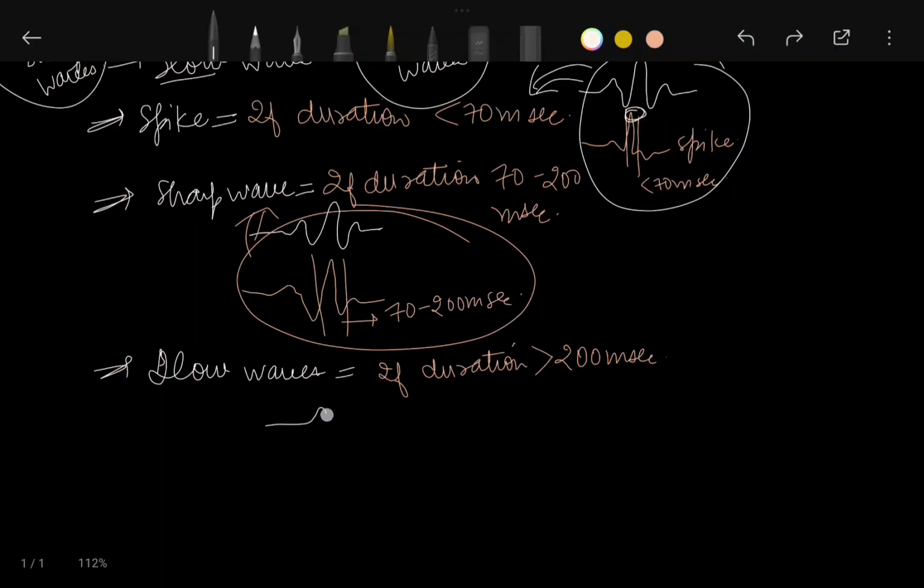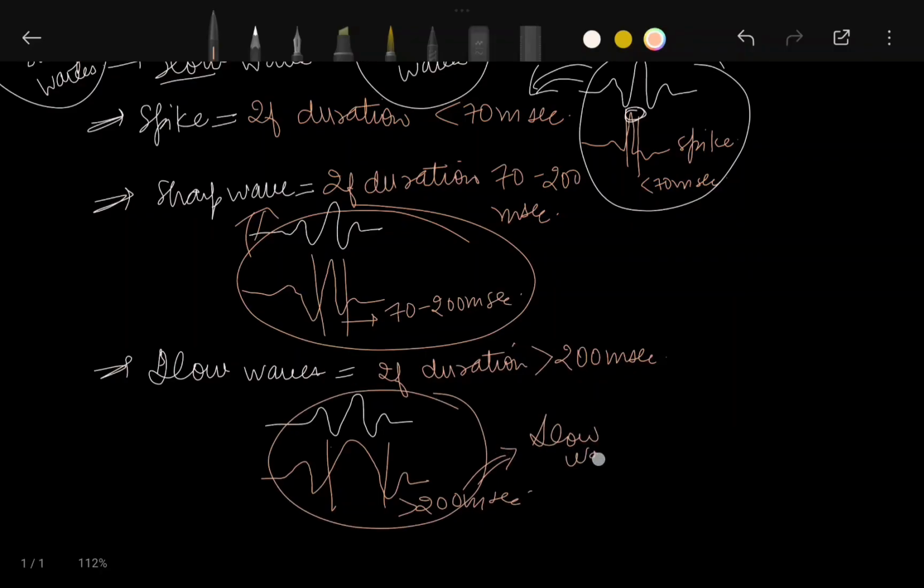This was the normal wave. If the duration is more than 200 milliseconds, then it is known as a slow wave. And a poly spike is somewhat like this. This is a normal wave, this is a poly spike.